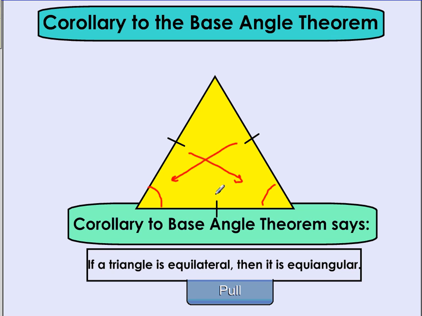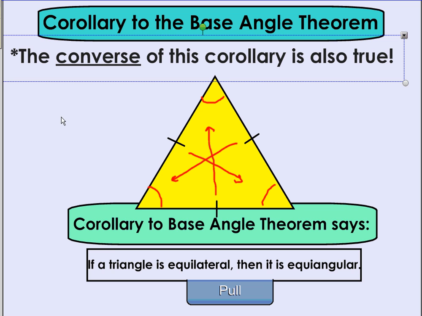Our third side that's congruent to the other two will have an angle opposite it that's congruent to the other two. In other words, if a triangle is equilateral, then it's equiangular. And just like the base angle theorem, the converse of this corollary is also true. If you're given an equiangular triangle, you can say that it's equilateral.